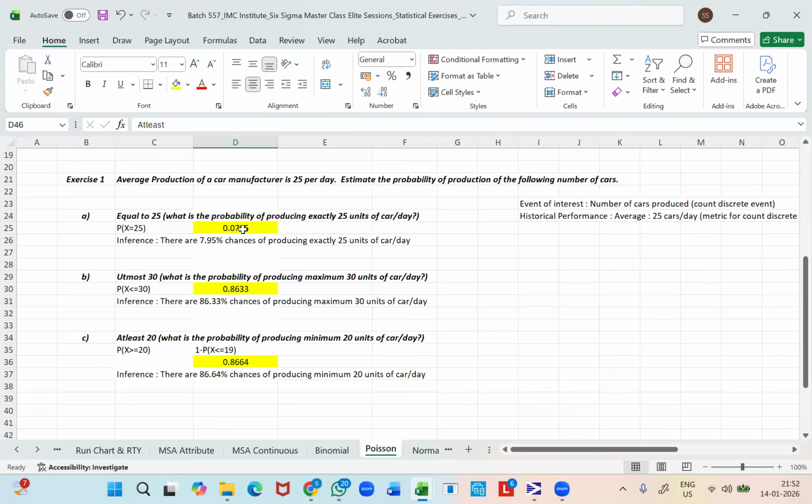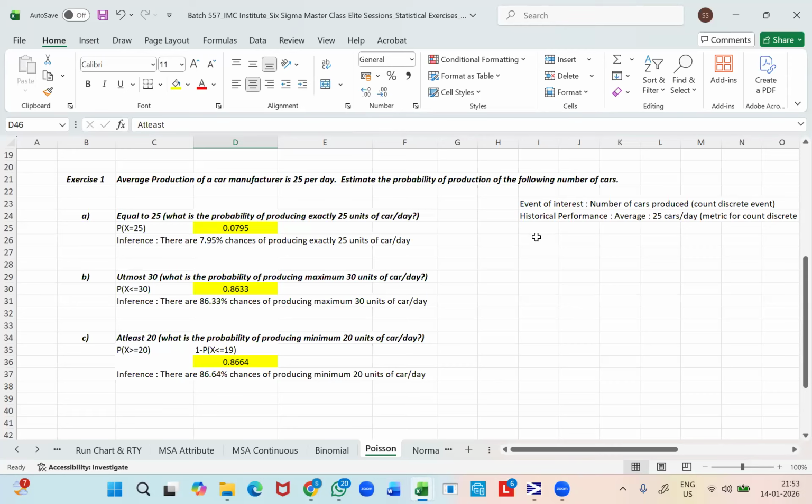So 0.0795 will be the highest probability value if you calculate the individual probability values from 0 to 100 or whatever, because sample size has got no relevance in a Poisson distribution, like binomial distribution. Right? So in Poisson distribution, we don't have the sample size. So it can go up to infinity also. So beyond a certain value, the individual probability value will be 0, right? So we can actually calculate the individual probability values from 0 to say 50 or even 100.